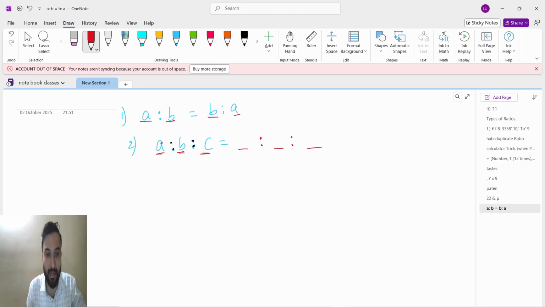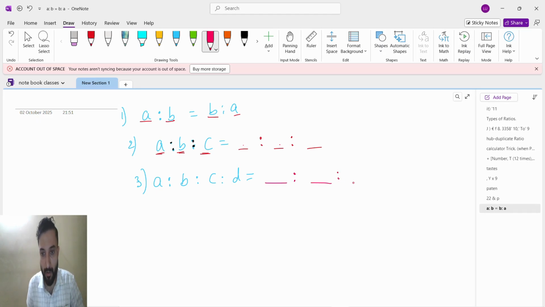This is a very important thing, guys. When we have 3 ratios, or when we have 4 ratios, inverse means we get the reverse: 1, 2, 3, 4. Okay, this is a very simple thing, guys, understand.